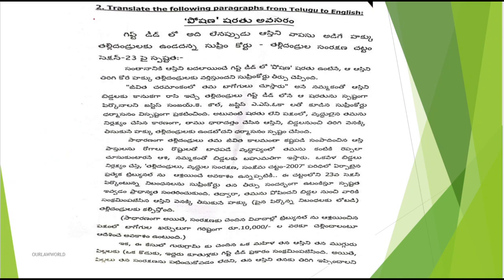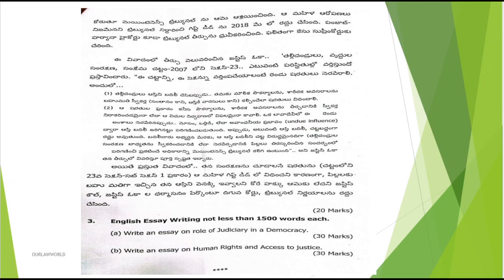Now the second one: translate the following paragraphs from Telugu to English. This is regarding a gift deed. You can do a para to para translation if you want a lengthy answer, or you can read the entire paragraphs or entire question and then translate to English.